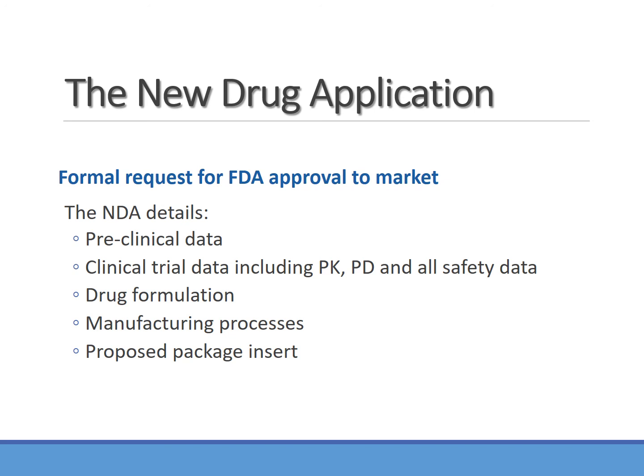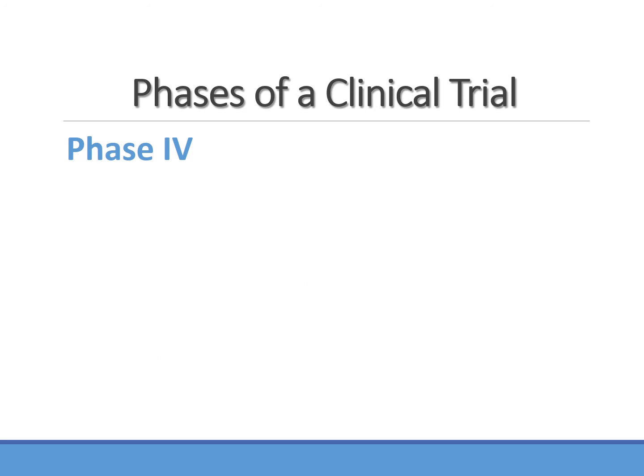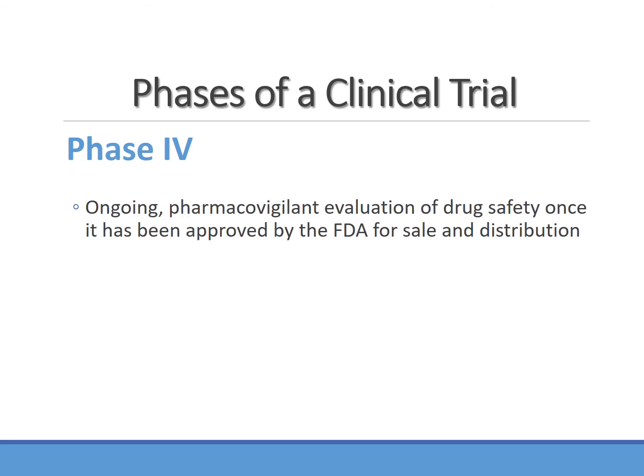They will say yes. When they say yes, they'll say either yes, an absolute stamp of approval yes, or they will say a yes but. And that's where the phase 4 study comes into play. The phase 4 study is an ongoing pharmacovigilance evaluation of drug safety once it's been approved by the FDA for sale and distribution. So the FDA will say, hey, pharmaceutical company, we think that's a good drug. You've shown us that it's pretty safe and that it works, but we're not really convinced that you had enough patients on the study, for example.